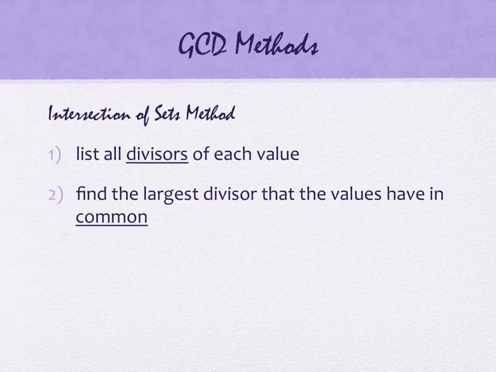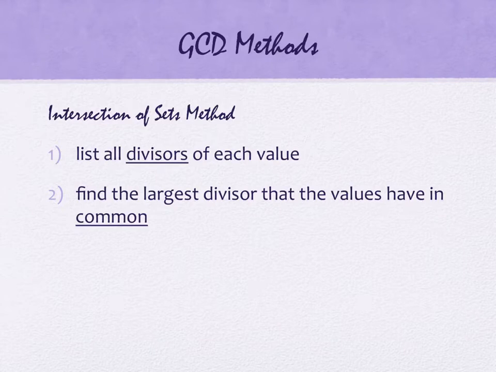All right, so there are a variety of methods for looking at and finding greatest common factors. Some of these methods will transfer over when we're looking for the least common multiples on Friday. The first method is one that you saw me sort of allude to when we did the pirate example from the last section.